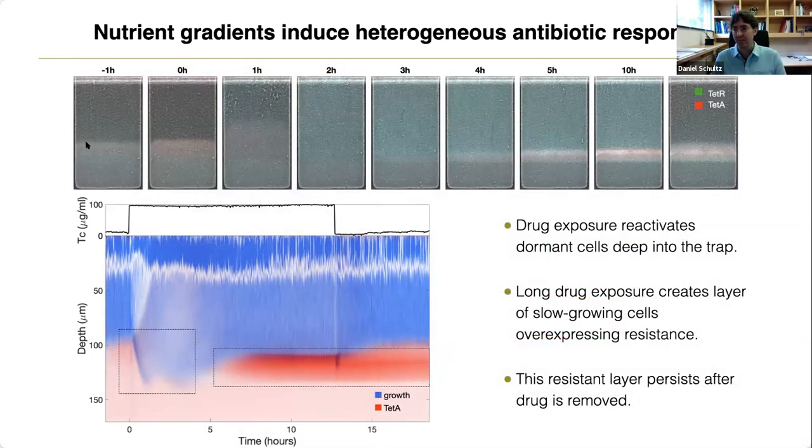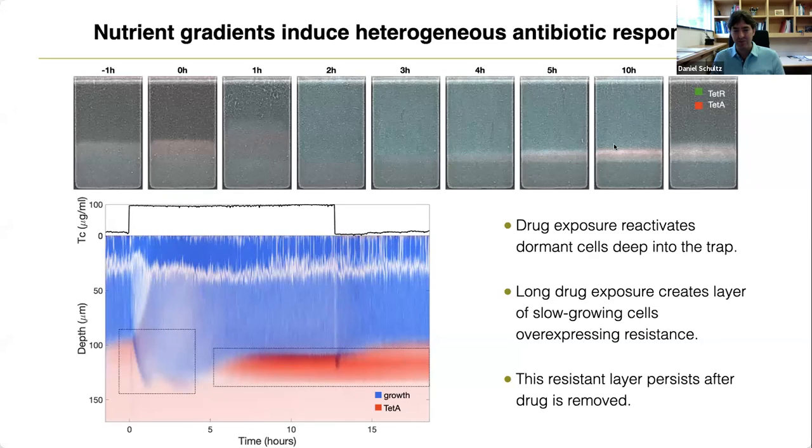So this is a time lapse of how the response proceeds. At time 0 is when you add the drug, and you see that these cells at the boundary initially have slightly higher expression of resistance. They are the ones that actually expand. They're the ones that grow and take over the top of the colony, right? And as the response proceeds, the slow-growing cells at the boundary end up overexpressing resistance.